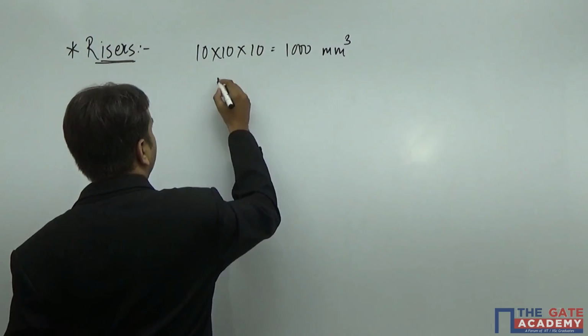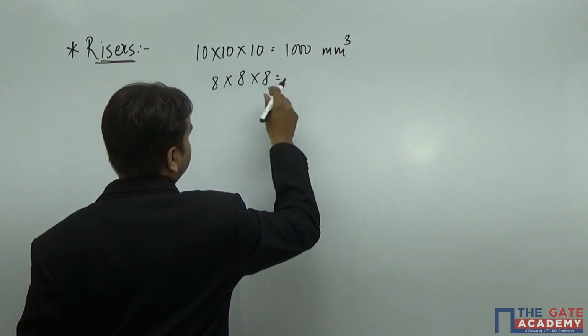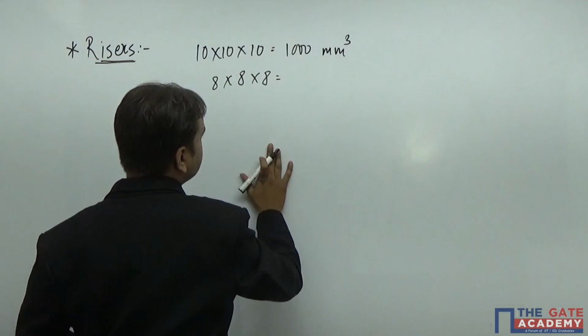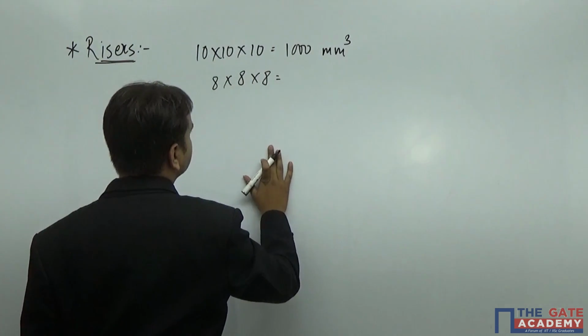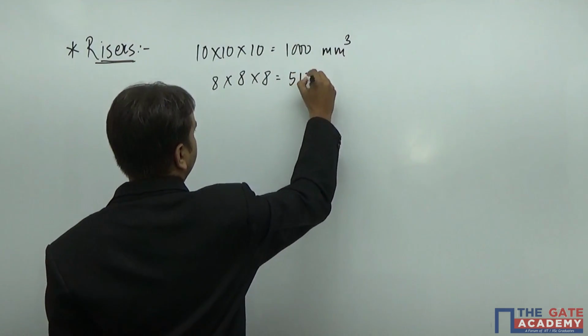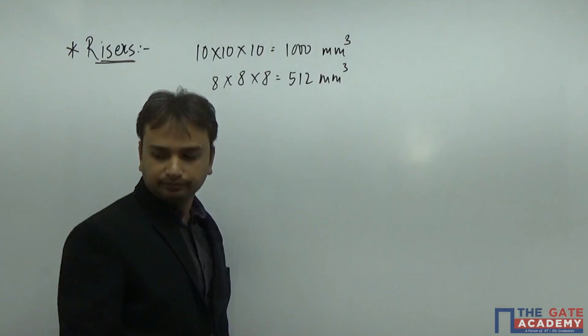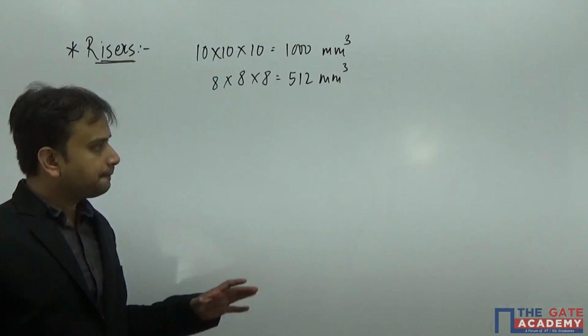Now we have got 8 by 8 by 8 in the absence of the riser. So 8 cube is 512 mm cube.